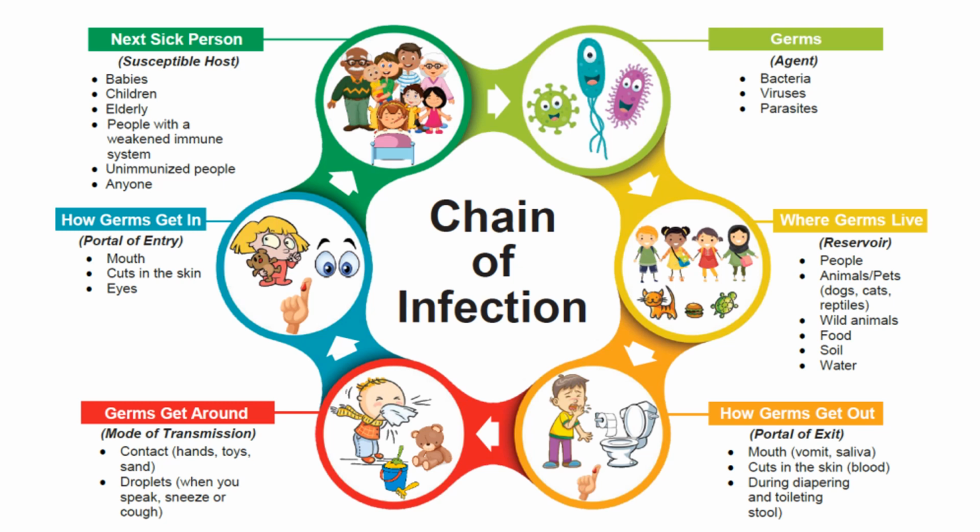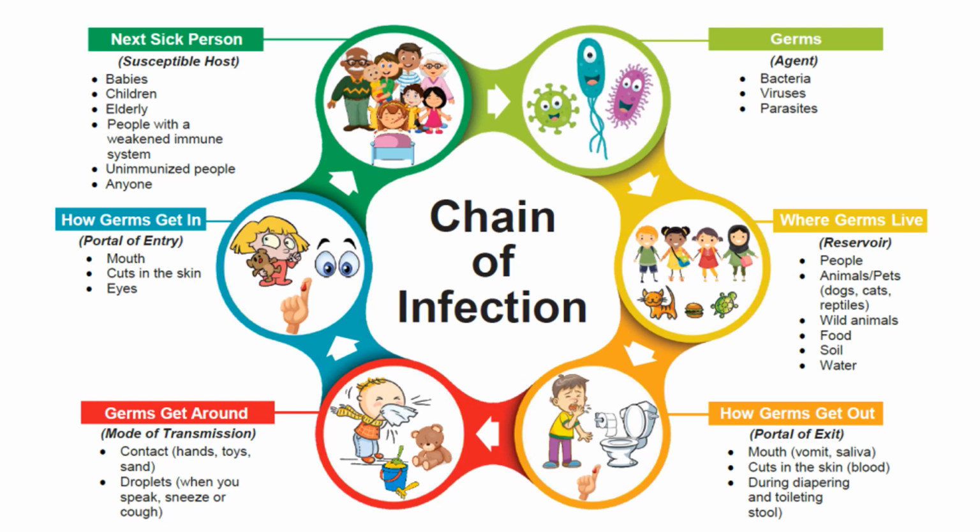And how do germs get in? So portal of entry, how are they entering the new susceptible host? It could be via the mouth, ingestion, cuts in the skin, or the eyes. And we learned that was very, very common when we were dealing with COVID, right? And then susceptible hosts, meaning who is a susceptible person?